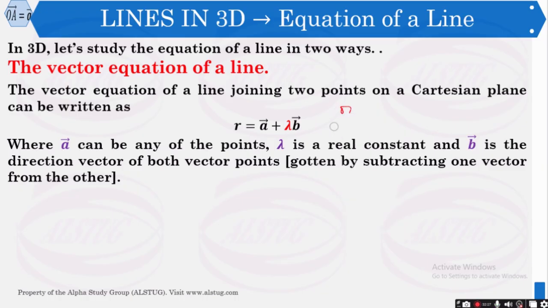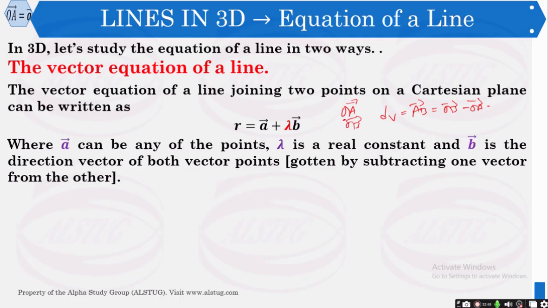If we have OA and OB, their direction vector will be AB, and AB is OB minus OA.